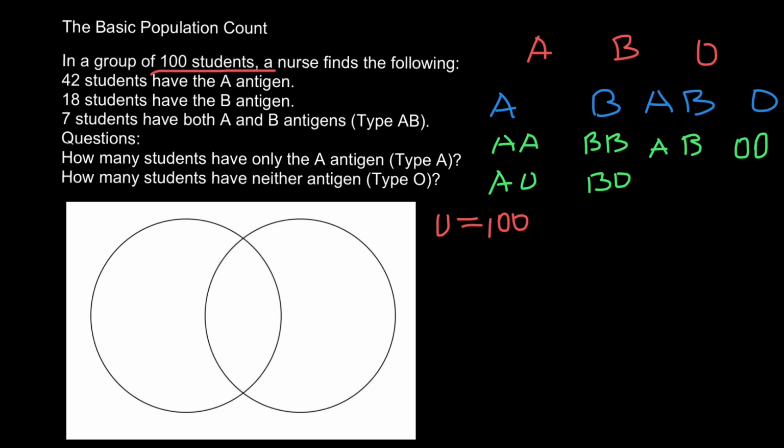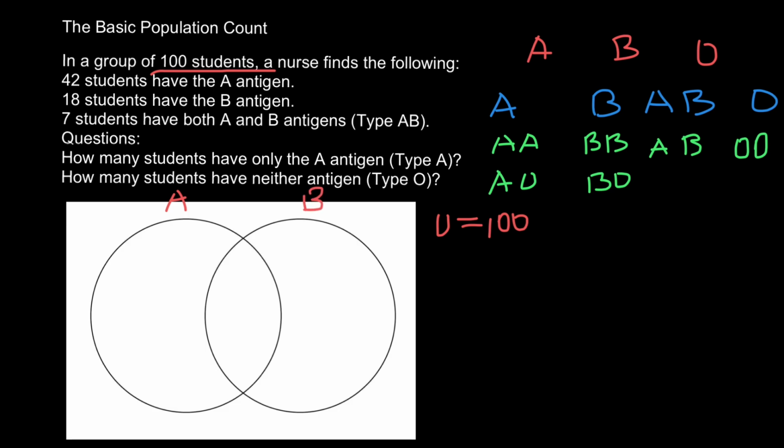So let's say this circle stands for the blood group A, which, as you see, has A antigen in both genotypes, whether homozygous or heterozygous. And let's say another circle represents antigen B.